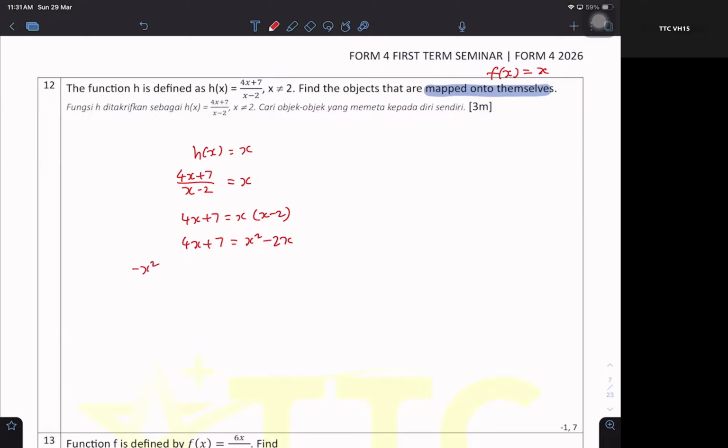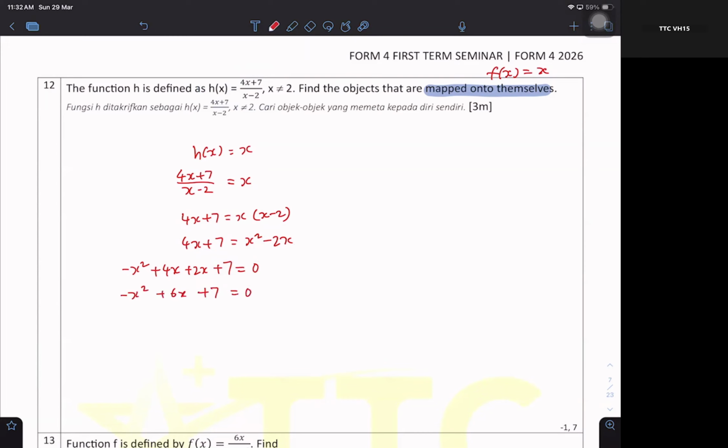Minus 2x bring over, become plus 2x. But then I put it in the middle, because we all know that x squared goes to the front, then x goes to the middle. 4 plus 2 is 6.